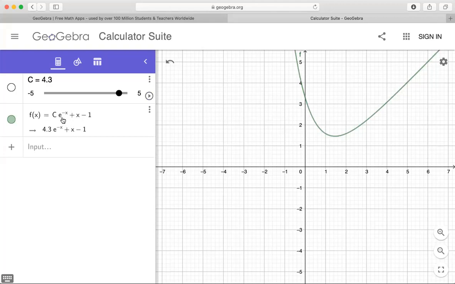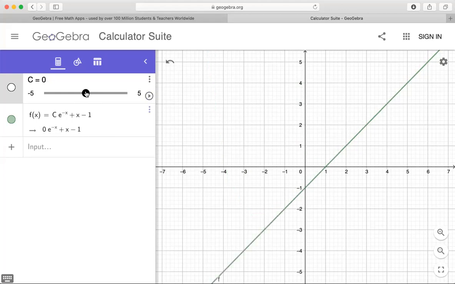But when x gets large, moves to the right, then this term actually becomes quite small. It's basically 0. And what we end up seeing is a graph of basically x minus 1, which is that straight line part there. In fact, if we just set c equals 0, there's that x minus 1 straight line. But when c is negative, we get a different situation.